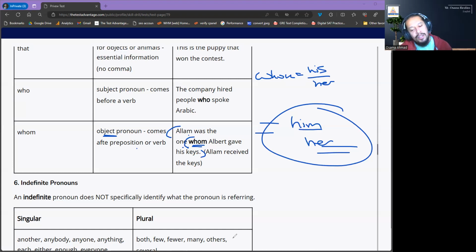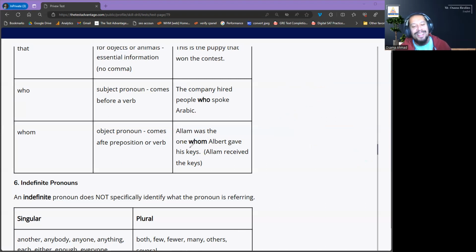Actually, it doesn't work here in this example. So it's an object pronoun. It comes after, sorry about the spelling, the preposition or a verb. It comes after a preposition or a verb. Any questions so far?